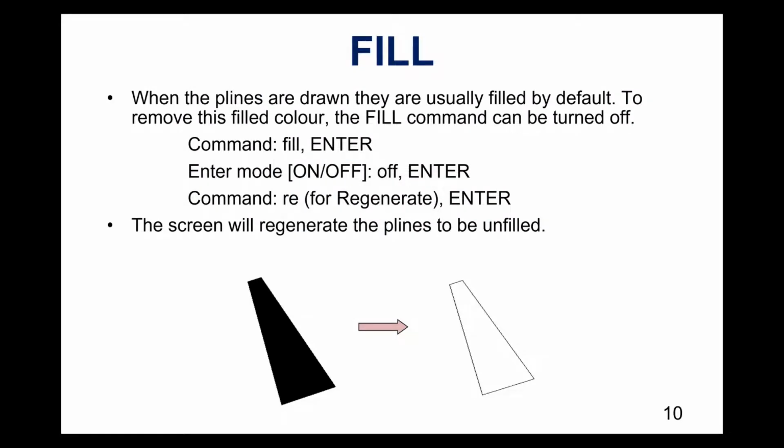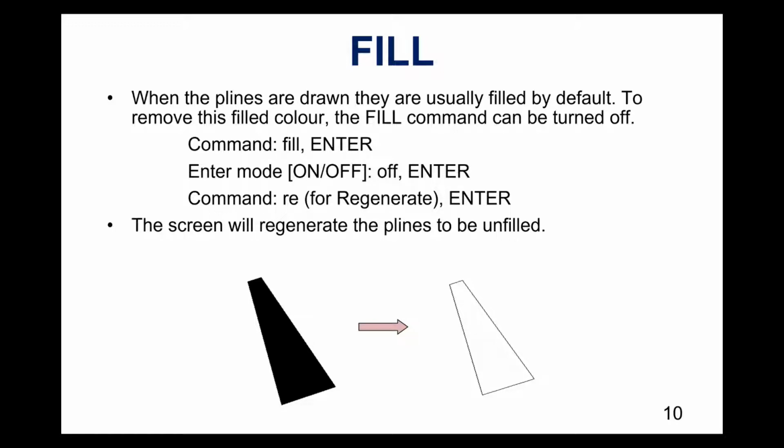Now take note that when polylines are drawn with different width, they are usually filled by default. To remove this filled color, the fill command can be turned off. You type in FILL and enter, and then simply type off and enter.